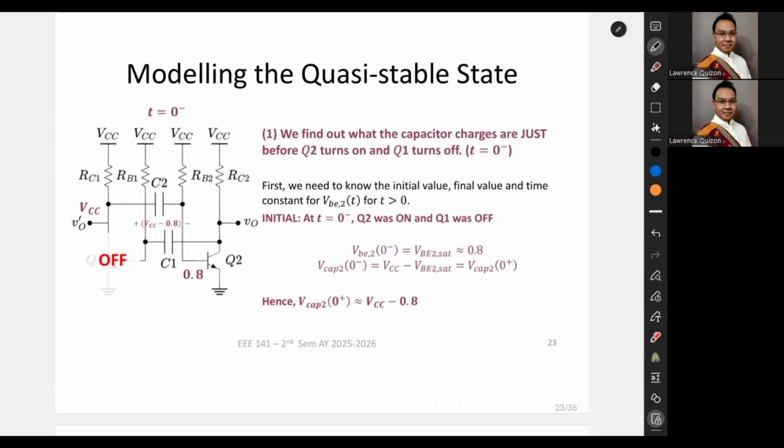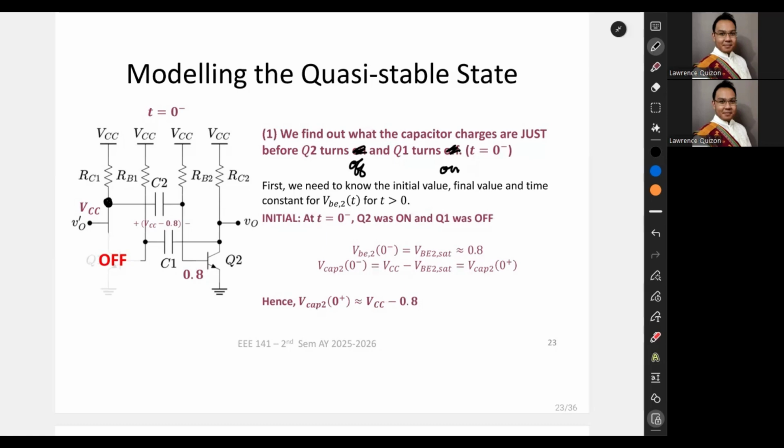So, number one, we want to find out what the capacitor charges are just before Q2 turns off and Q1 turns on. So, it's the reverse. So, first, we need to know the initial value, final value, and the time constant for VBE2 for t greater than 0. So, initially, at t equals 0 minus, Q2 was on and Q1 was off. So, if Q1 is off, this has to be VCC, right?